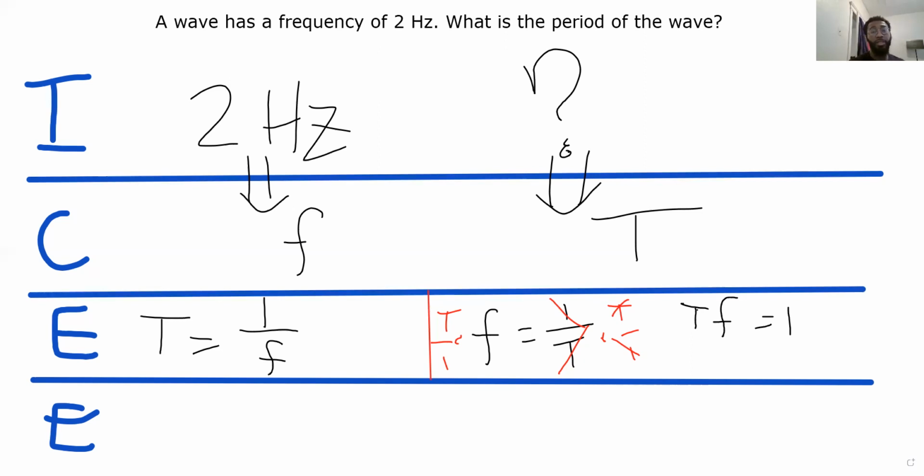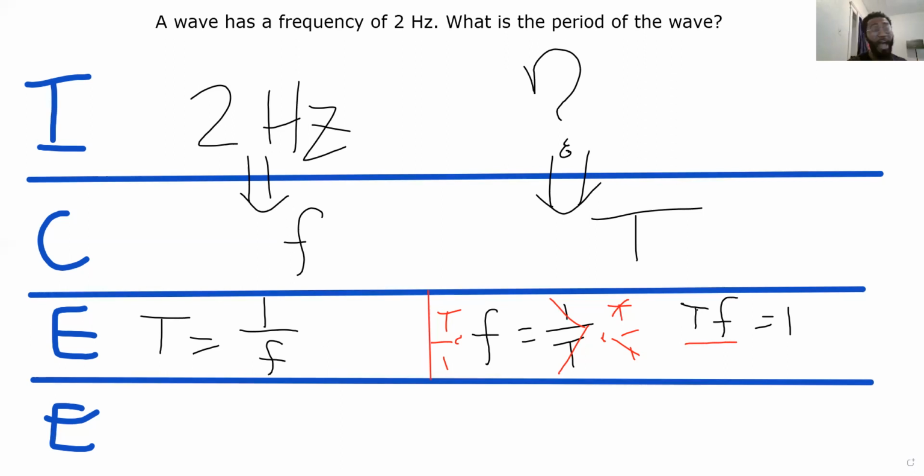Some people might look at this and say, if we need to get t by itself, let's move t, so we'll go ahead and divide by t. But you don't actually want to do that, because if you divide by t, you're just putting t back on the other side of the equation, which we're not trying to do. We just moved it away from the other side of the equation to put it in the numerator. So now we need to move the f away from it.